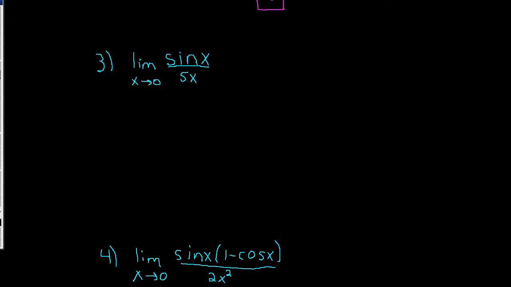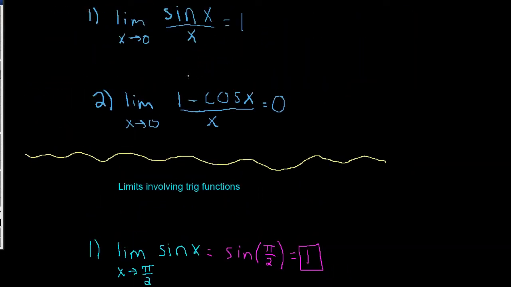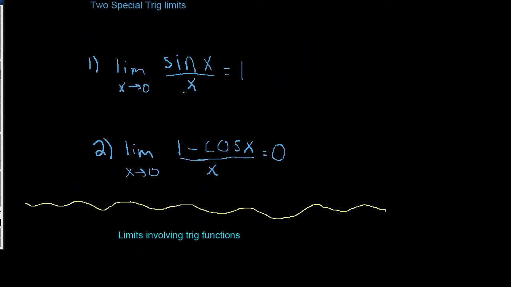Well, let's look at this very carefully. This function here actually looks a lot like this guy right here. Okay, and we know what that limit is when x approaches 0. It's 1. So it'd be really nice if I could manipulate my new function so that I somehow can see this.